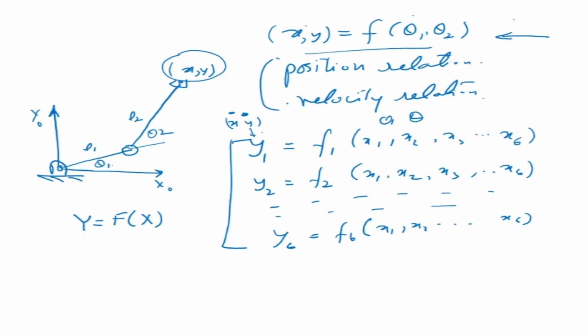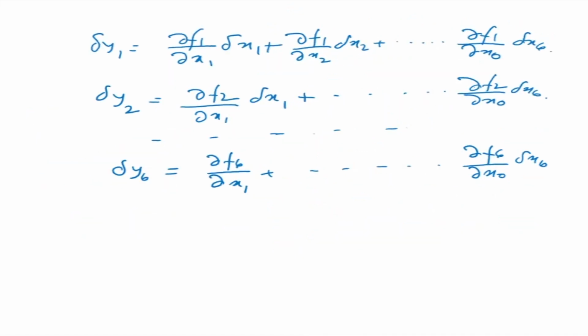So if I want the velocities, x dot and y dot, then I need to take partial derivatives with respect to theta 1, theta 2, theta 3, theta 4 and so on. Now I can write this in short as del f by del x times dx. You can write it in short like this.